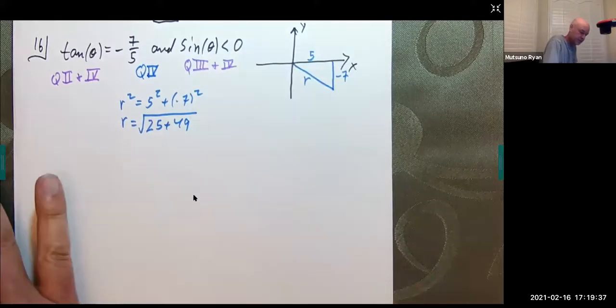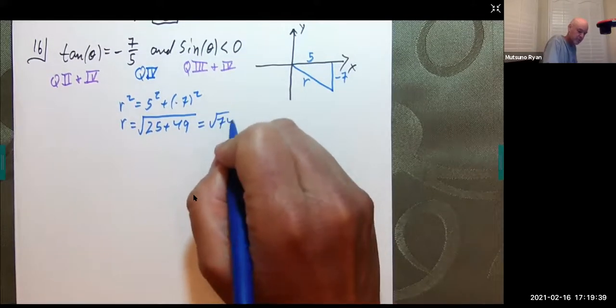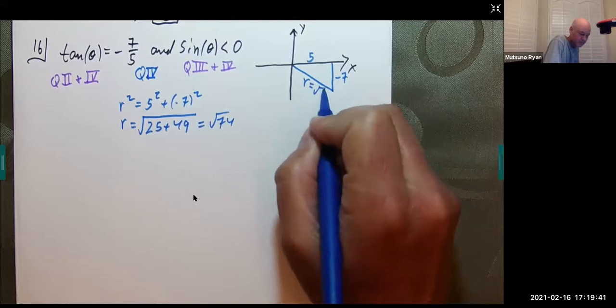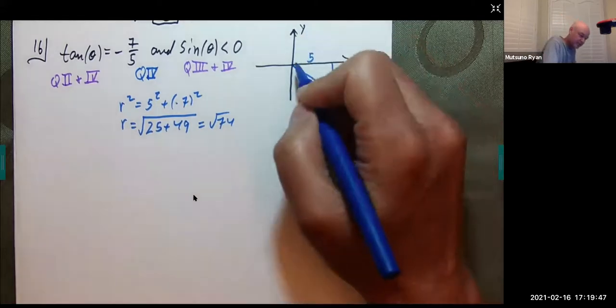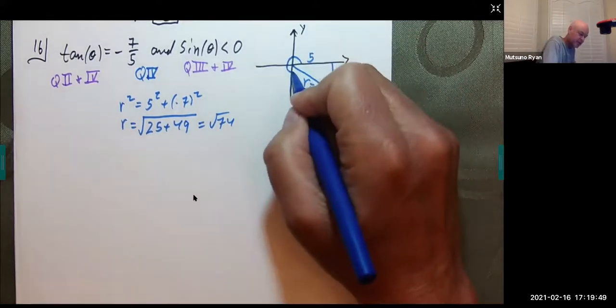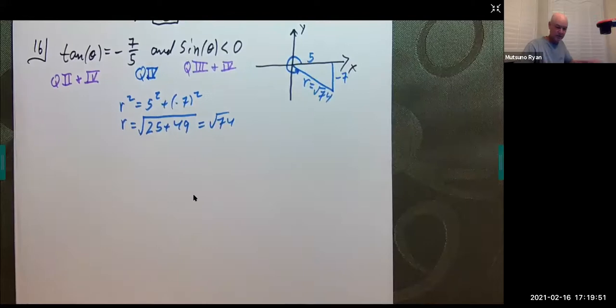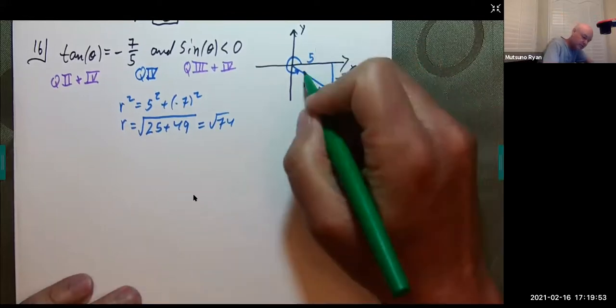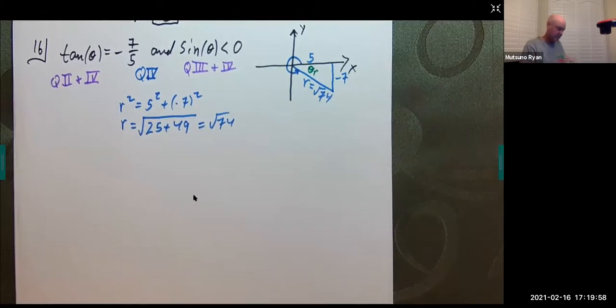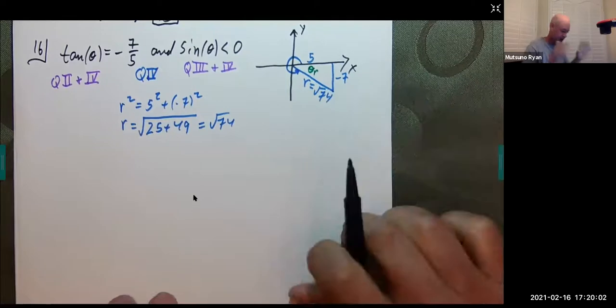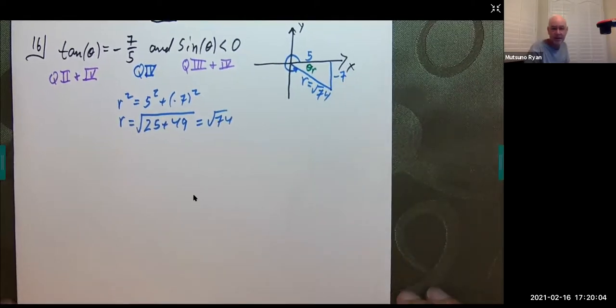So this is root 74. And this is our theta there. And of course, we're going to be using that angle there. And because I put the negative on the side there, that's going to help us with the signs. And they want to know the remaining trig functions. Cool.